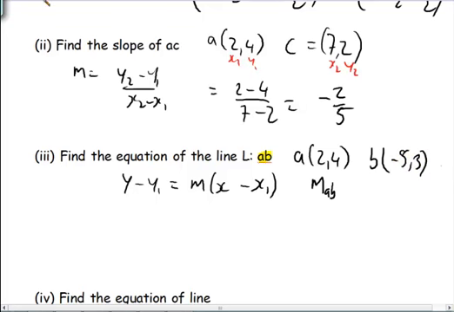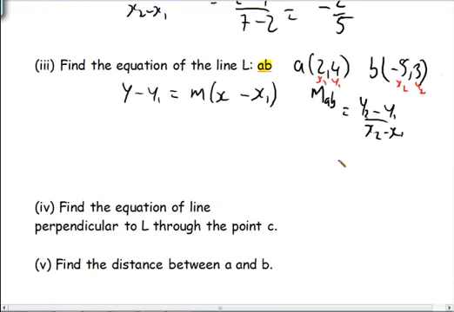Again, we just label them there just underneath, x1, y1, x2, y2. Before you use a formula, always fill it in. So the slope of AB would be y2 minus y1 over x2 minus x1. Now remember, page 18 of your formula tables will give you that. y2 is 3 minus 4 over minus 5 minus 2, which is equal to minus 1 over minus 7, which is the same as plus 1/7.